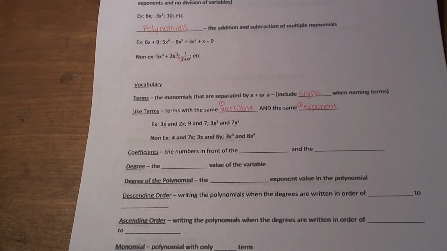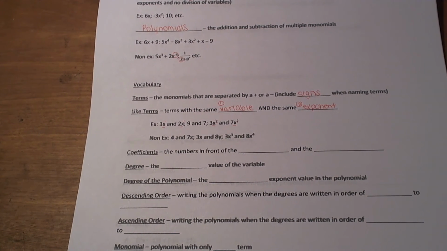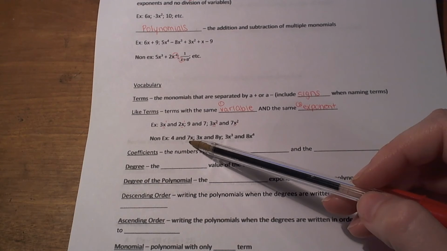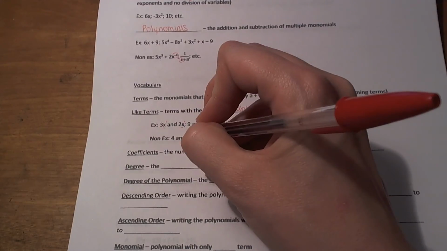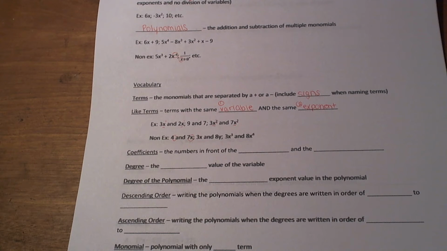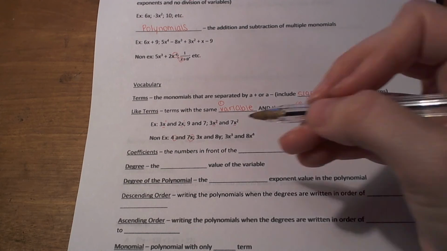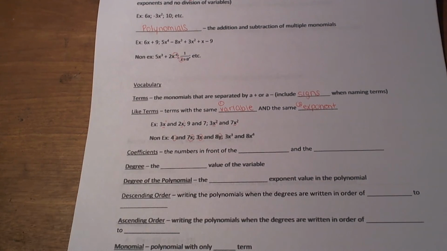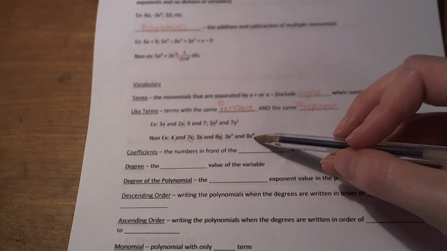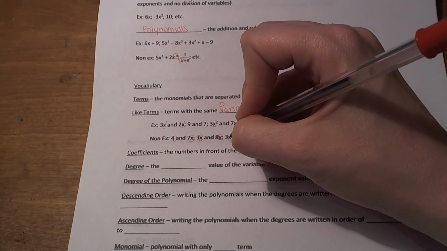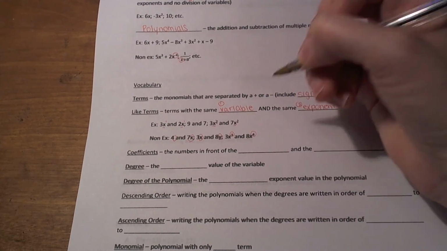So, real-life application of those children's matching games right here, like terms. Non-examples: 4 and 7x are not like terms because notice 7x has a variable of x and 4 has no variable, so they do not match. 3x and 8y are not like terms because the two variables are not the same. x and y do not match. 3x cubed and 8x to the fourth are not like terms because x cubed has an exponent of 3 and x to the fourth has an exponent of 4.